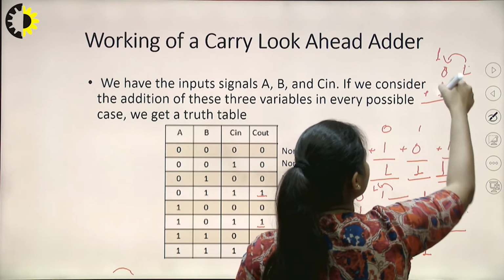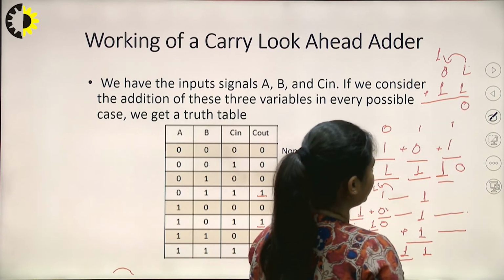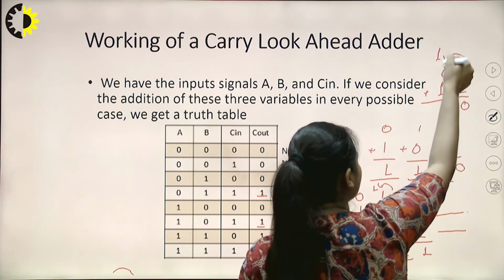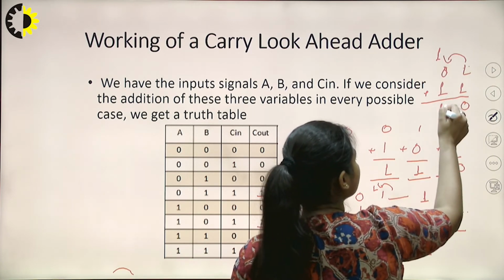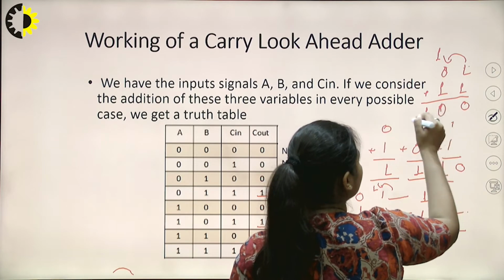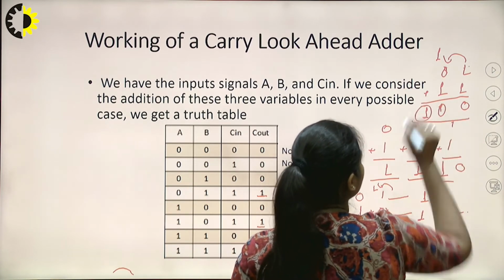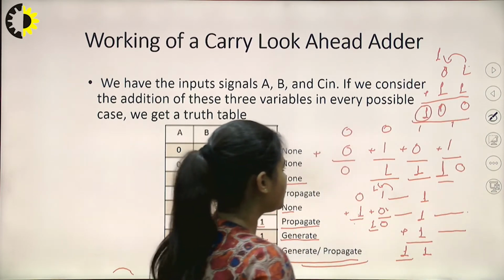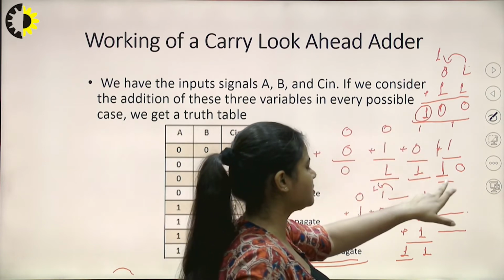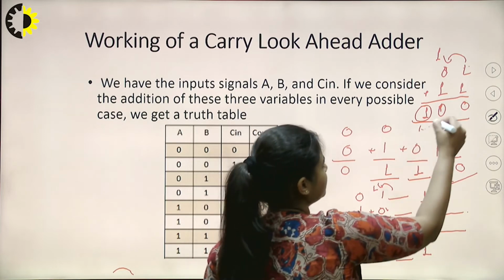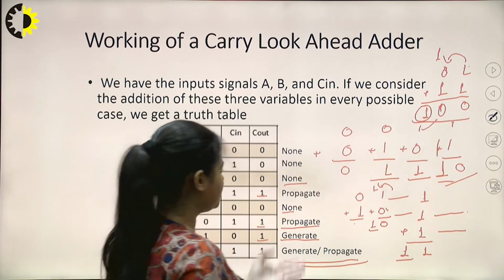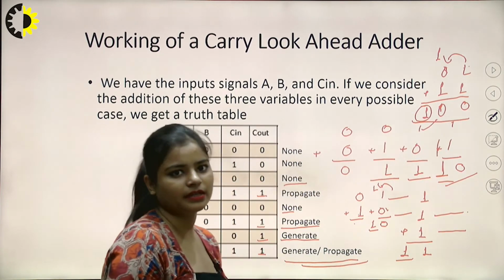This number was not generating any carry, but the previous number is forwarding a carry to it, and due to this carry, this number is also generating a carry. That's why this carry is called a propagated carry. So here this is the generated carry, and here this is the propagated carry. This is the meaning of propagate, generate and none cases.